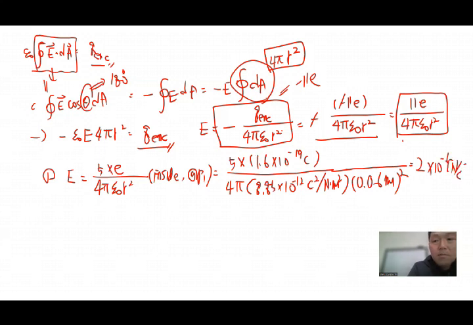Now the second question: the electric field outside the shell at P2 is 11e over 4 pi epsilon naught r squared.